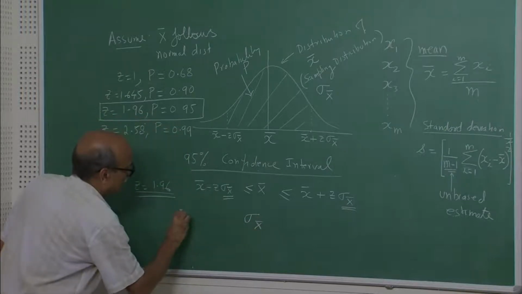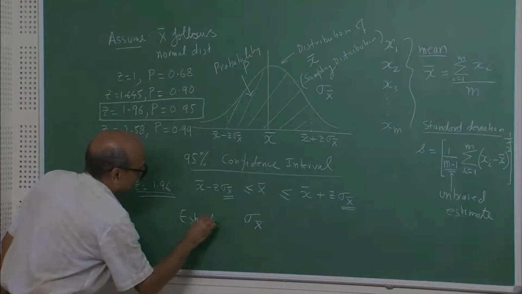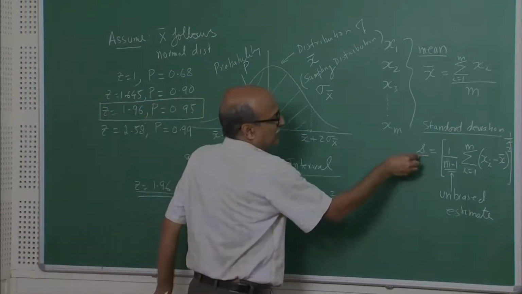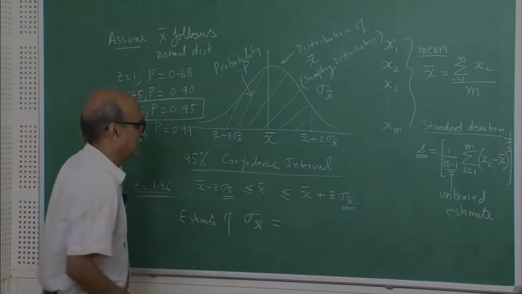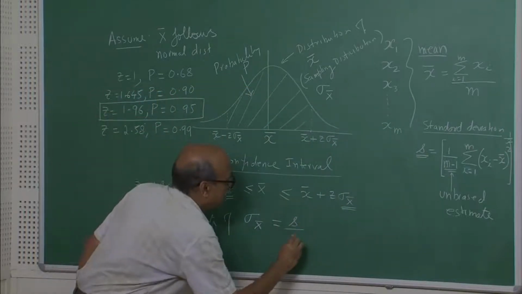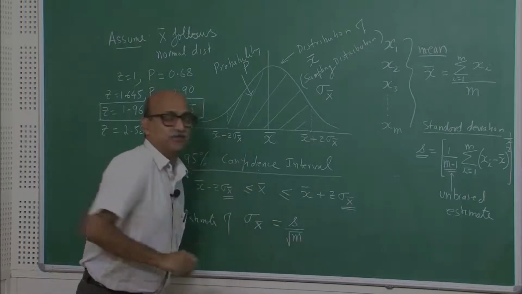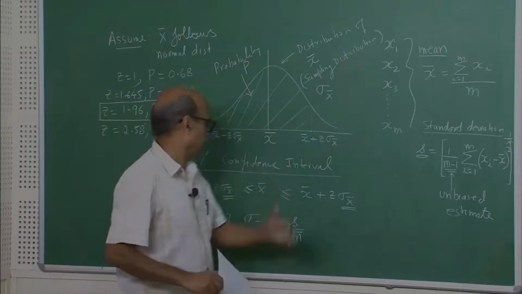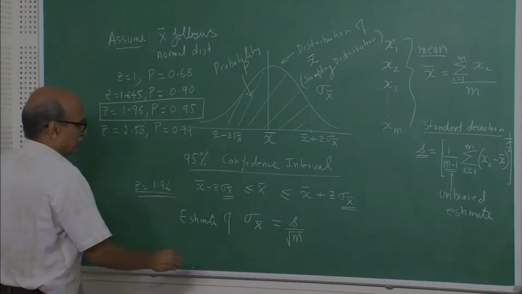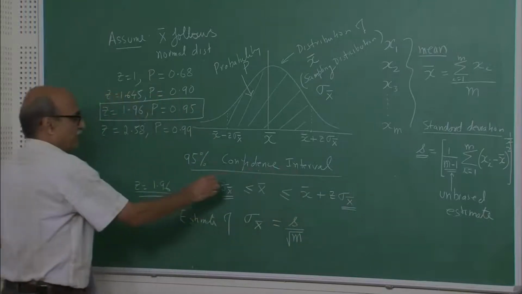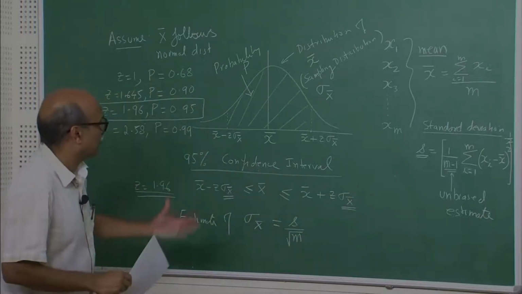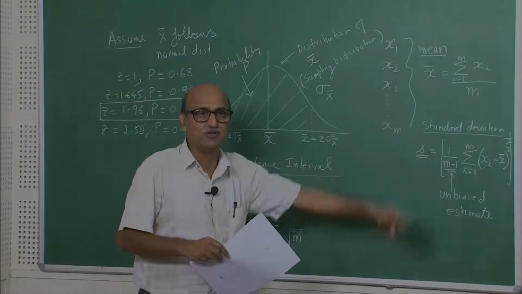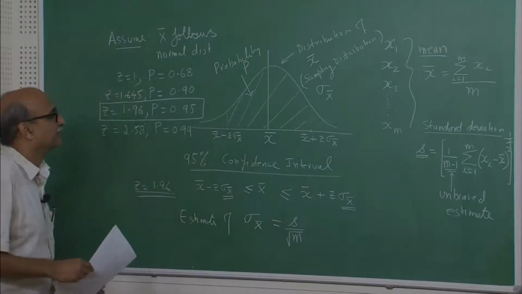So, the estimate of sigma x bar is given by the relationship using the standard deviation of my set of measurements S divided by the square root of m, where m is the number of measurements I have made. So, that is a pretty straightforward way of determining my confidence interval or the error bar for my measured set of values for some given microstructure.